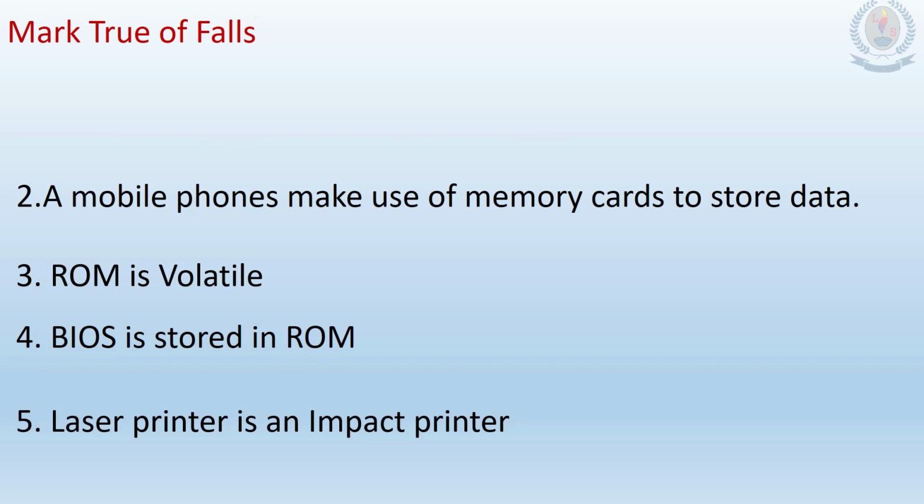True. And the ROM is volatile. That is false. ROM is non-volatile. BIOS is stored in ROM. Yes, true. Laser printer is an impact printer. That is also wrong. As we have learned, a laser printer is a non-impact printer.